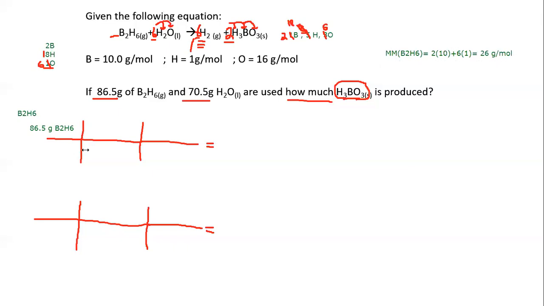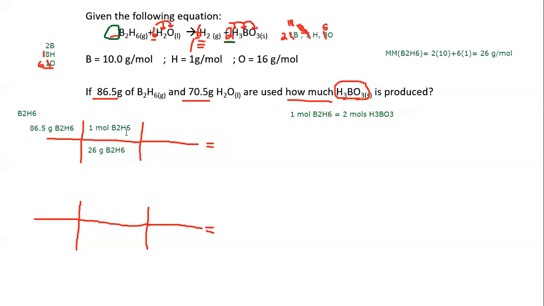So 26 goes on the bottom. One mole goes on top. The next step is we want to convert it to moles of H3BO3. And if we notice here, the coefficient in front of B2H6 is 1. The coefficient in front of H3BO3 is 2. So it's a 2-to-1 ratio. So 1 mole of B2H6 equals 2 moles of H3BO3.